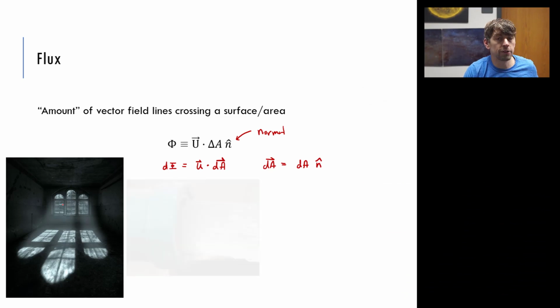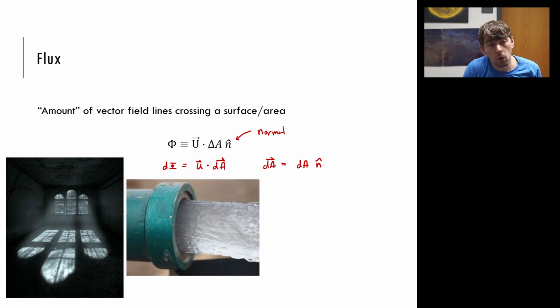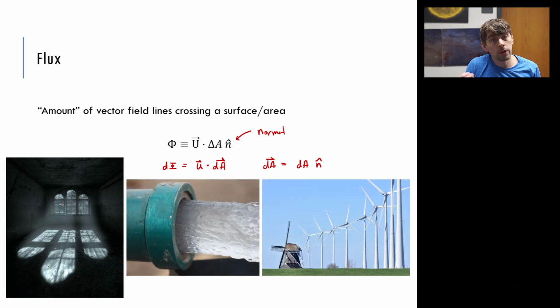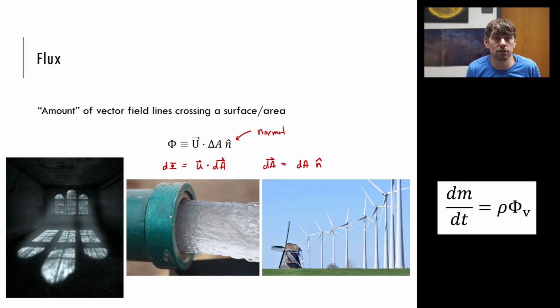Similarly, for example, something like fluid flow or windmills, you again can think of the flux. There's a velocity vector field, and because of that velocity vector field, it is carrying along, for example, particles of water or molecules of air, then the flux is related to the amount of material that passes, say, through an opening or passes through the cross-section of the windmill.